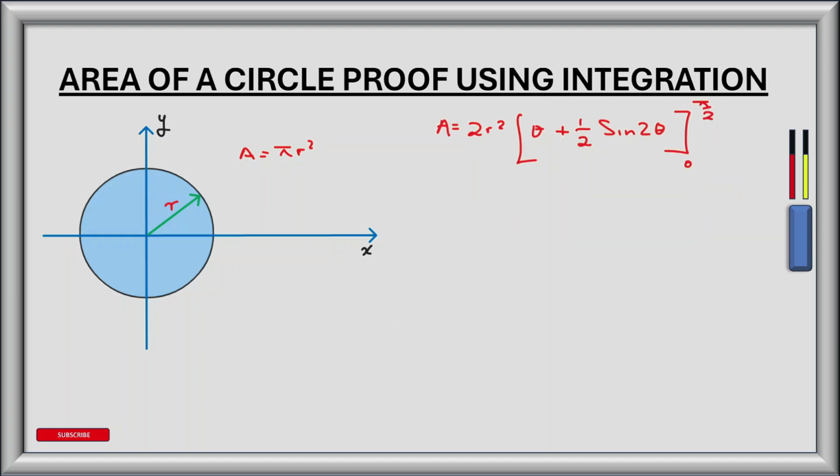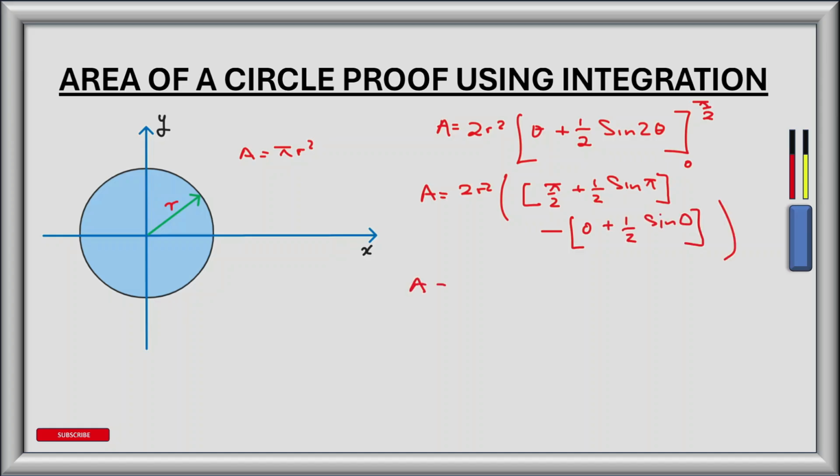If we now evaluate this from 0 to pi by 2, we have our area equal to 2r squared multiplied into pi by 2 plus a half times the sine of, substituting pi by 2 into 2 theta, sine of pi, minus the value at 0, where we get 0 for theta plus a half sine of 0.